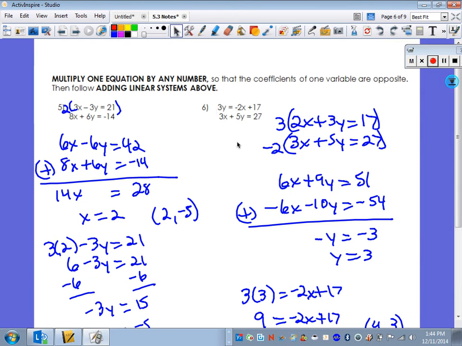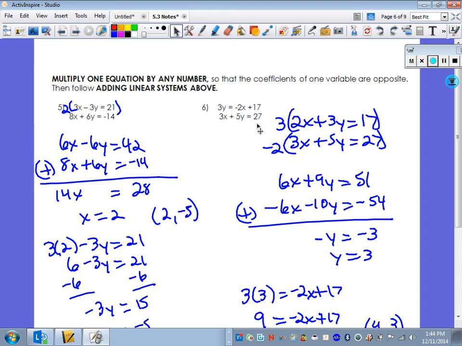Now going back up, this one you have 3y equals negative 2x plus 17, and then 3x plus 5y equals 27. I'm going to move the 2x to the other side so x and y are on the same side. So I end up with 2x plus 3y equals 17. I decide to get rid of x, but I have to multiply both equations to do that. So I multiplied the first one by positive 3, the second one by negative 2.